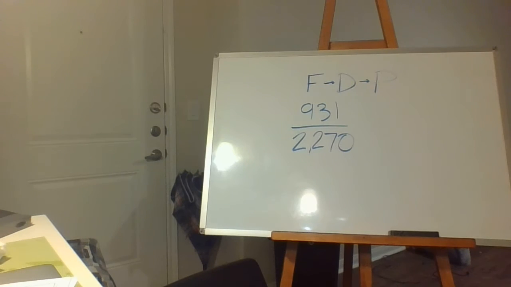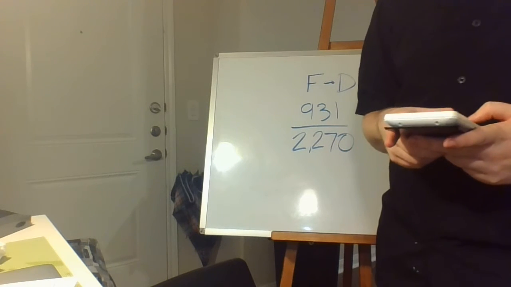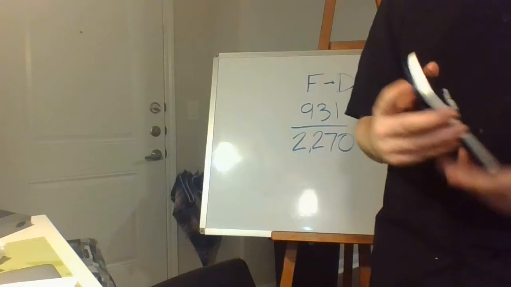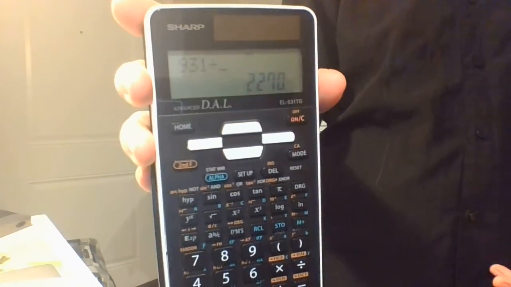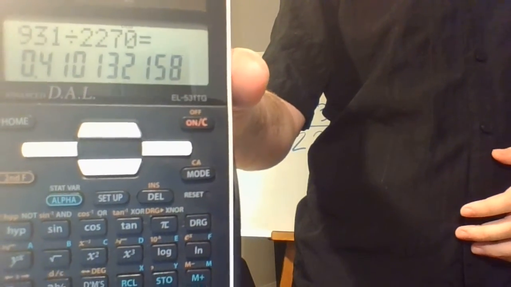Should have had this ready in the first place, but here we have a calculator where we will find 931 over 2,270. 931 divided by 2,270, like that. Enter. We find 0.4101. We stop there.